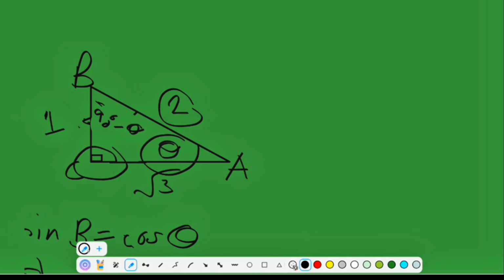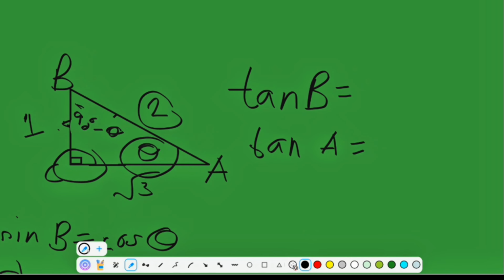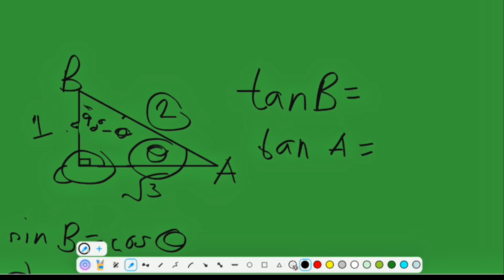If we were to look for tangent B and look for tangent A, we're going to figure out that tangent B is equal to square root of 3 over 1. Why? Because it's opposite side over adjacent side, which is square root of 3 over 1.